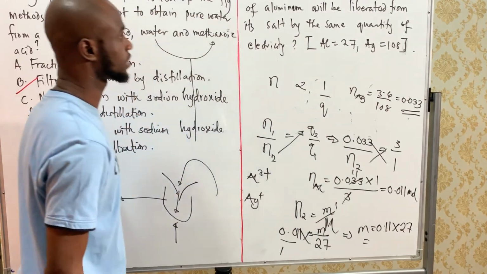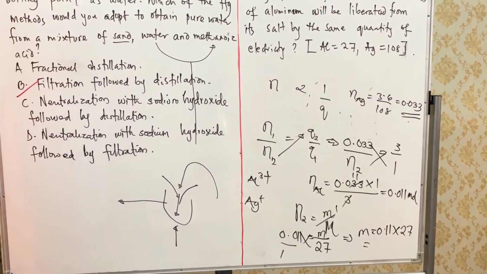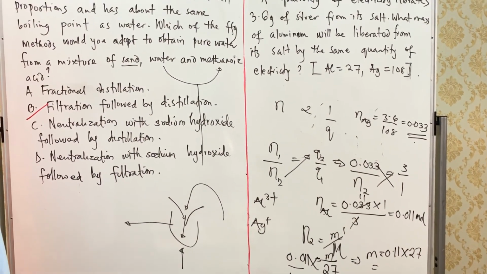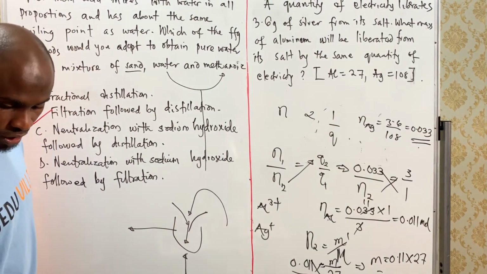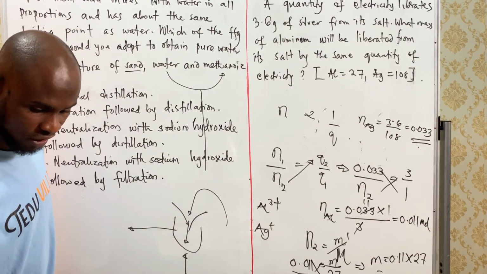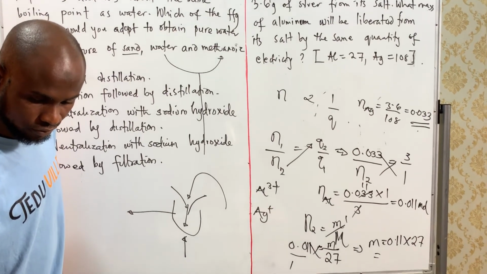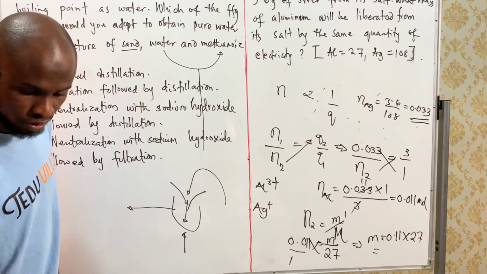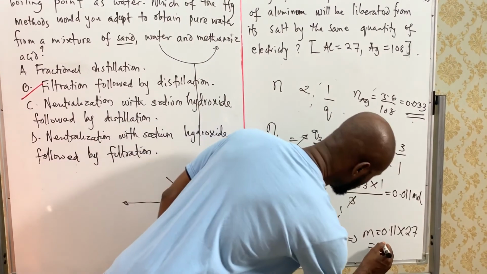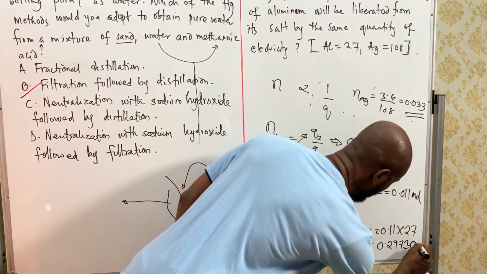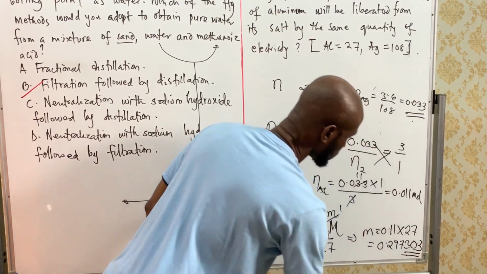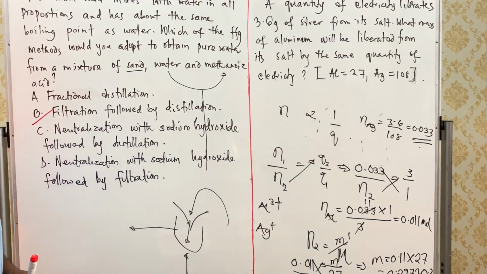Then I multiply through my calculator and get 0.297, approximately 0.3. So the answer here is 0.3.